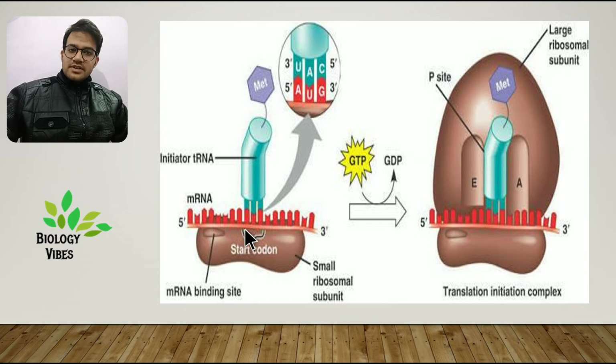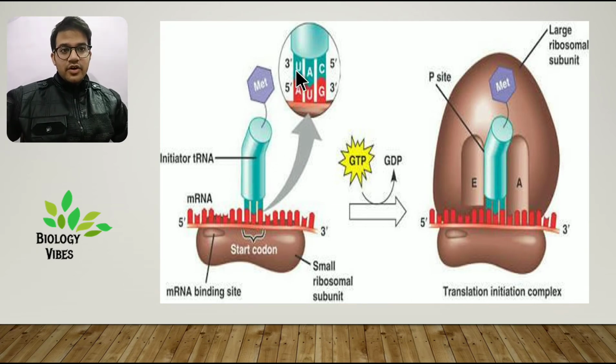So the translation process starts here in the initiation phase. A specific type of codon known as the start codon, that is AUG, corresponds to a specific type of amino acid which will be carried by a specific type of tRNA which has the anticodon UAC, and the first amino acid is methionine here.